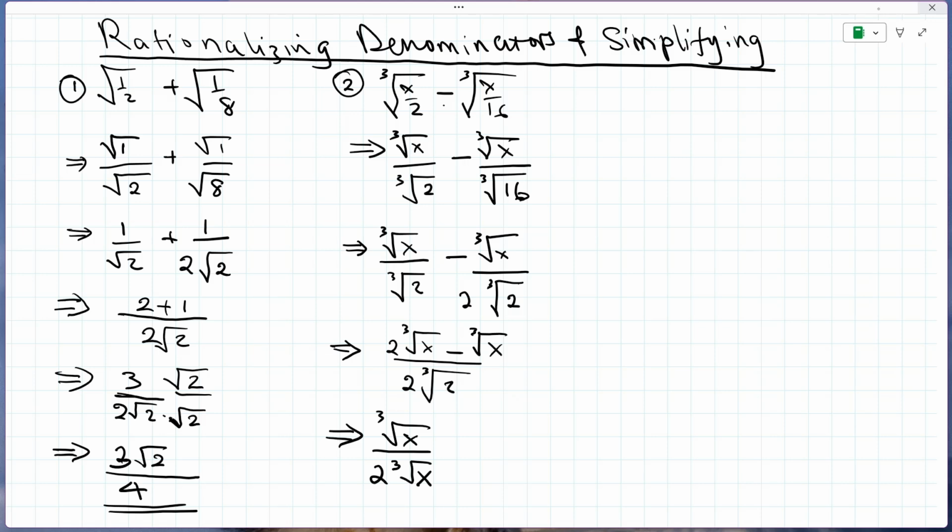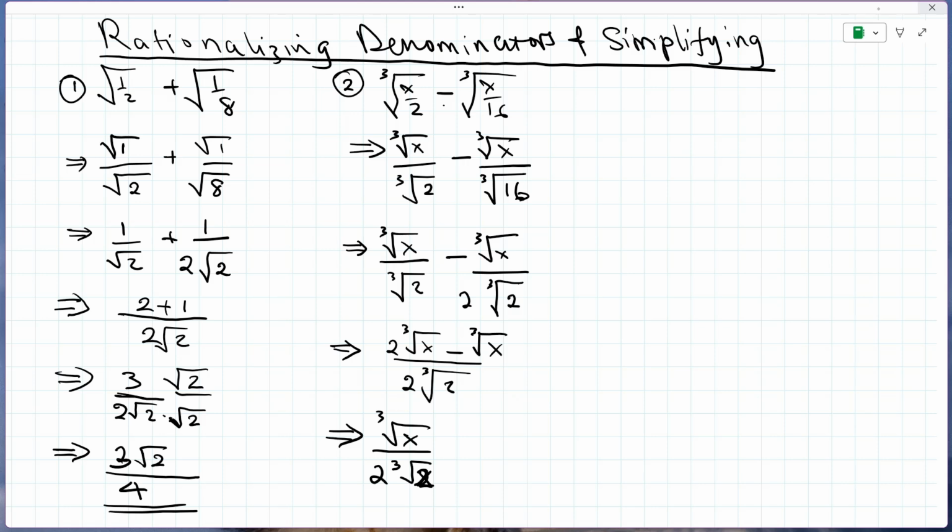Okay. So now from there, we will have to try and get rid of this cube root of 2, sorry. So we have to get rid of this cube root here.